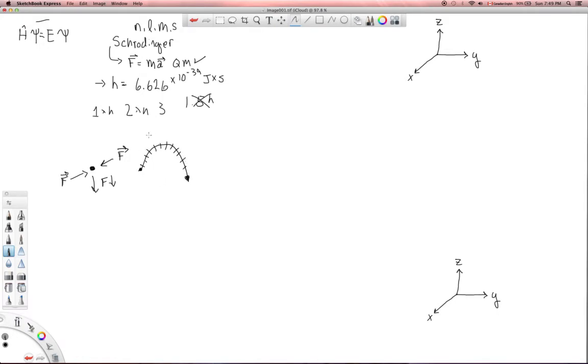One of the consequences of quantum mechanics, due to this quantization in a certain sense, is that you can't have a trajectory where you arbitrarily know exactly where this particle is and what it's doing. You have one, you have two, you have three, and you don't have anything in between.